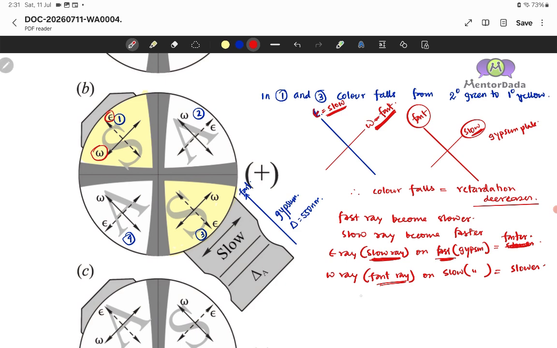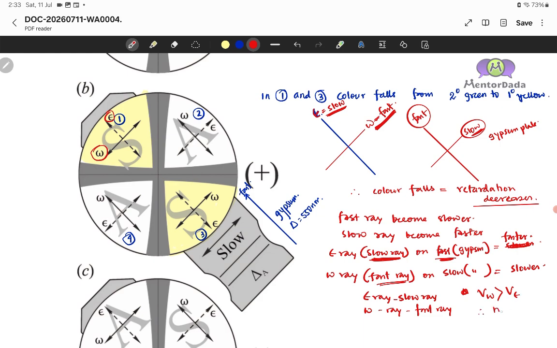So look, here you can see epsilon ray is a slow ray and omega ray is definitely a fast ray, right? So look, the velocity of the omega ray is greater than the velocity of the epsilon ray.